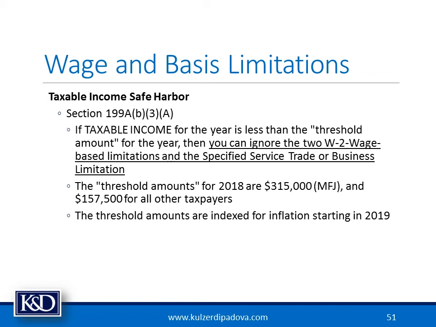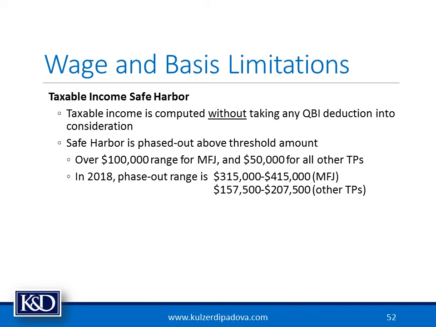For 2018, the threshold amounts were $315,000 for married filing jointly, and $157,500 for all other taxpayers. Those amounts are indexed for inflation. You obviously compute taxable income without taking the QBI deduction into consideration. They're not going to let you take the deduction to determine whether you can take the deduction in the first place.